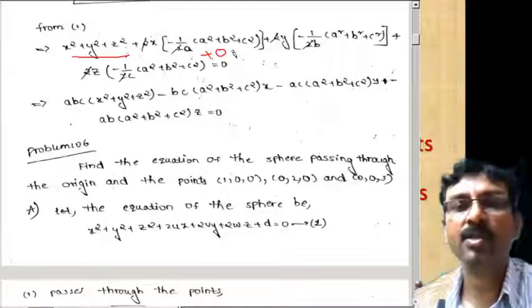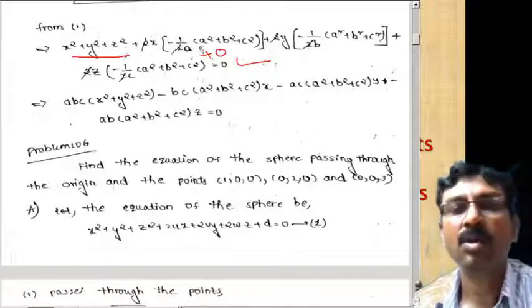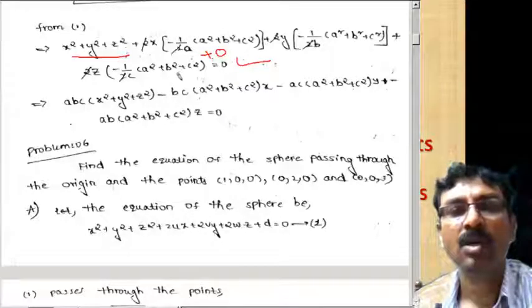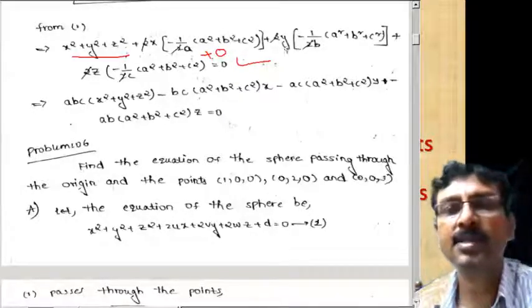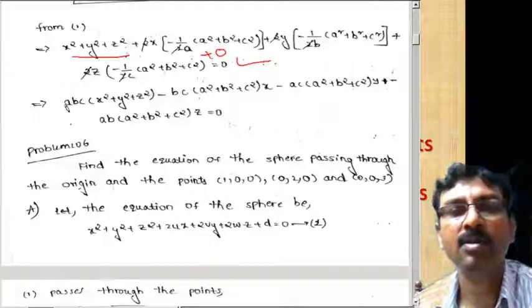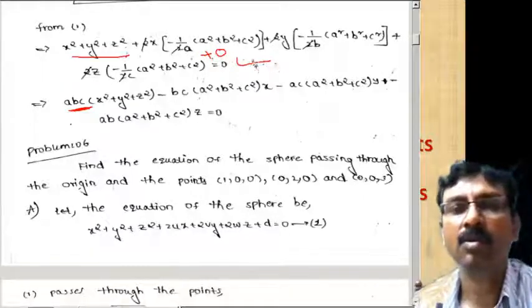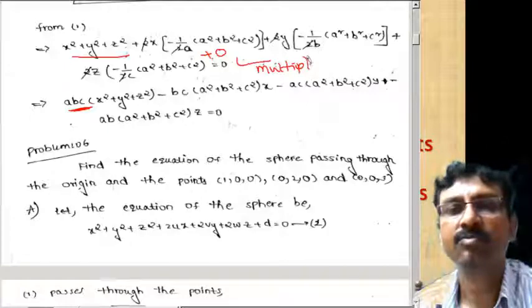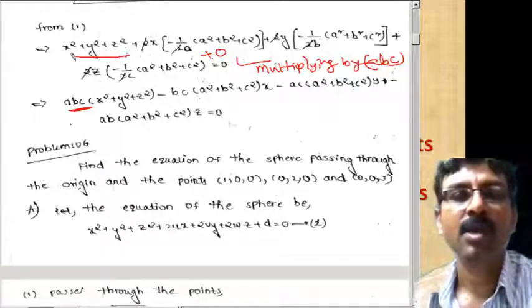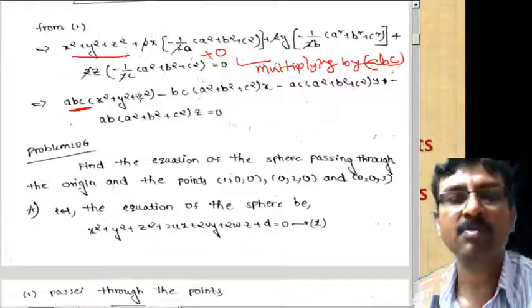So simplifying this equation, observe that in the last 3 terms we have denominators a, b, c respectively, and to cancel these denominators we multiply the entire equation by abc. Multiplying both sides by abc, abc into x square plus y square plus z square.